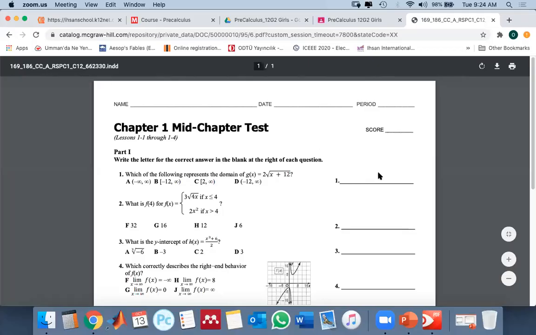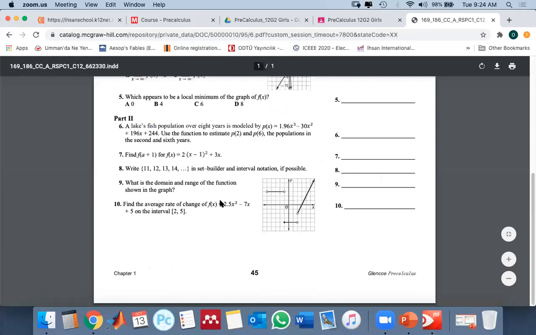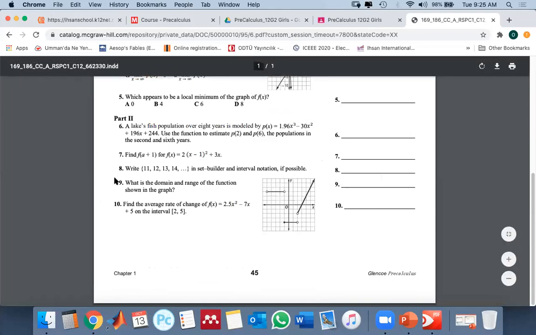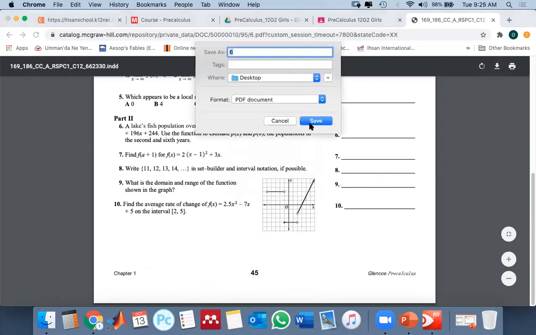Now, Sir, question 9, please, from the same page. Question 9 here. Yeah. Here or not? Yes, here. What is the domain and range of the function shown in the graph? Okay, so first of all, domain means, just let me download this 1 minute.